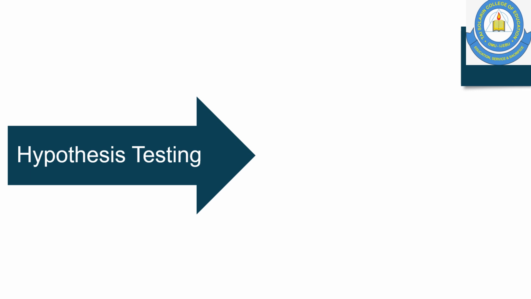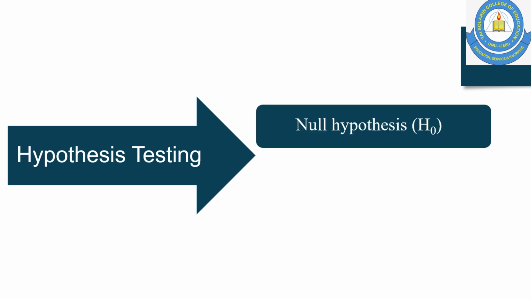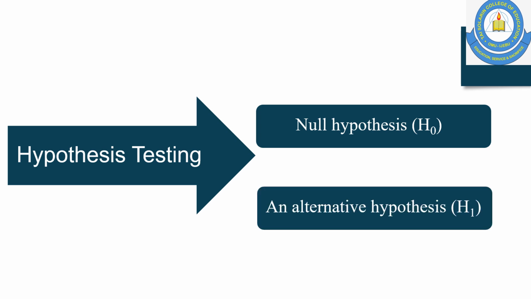The hypothesis to be tested is usually stated in null hypothesis, which is represented by the symbol H0, and alternate hypothesis, which is represented by symbol H1.